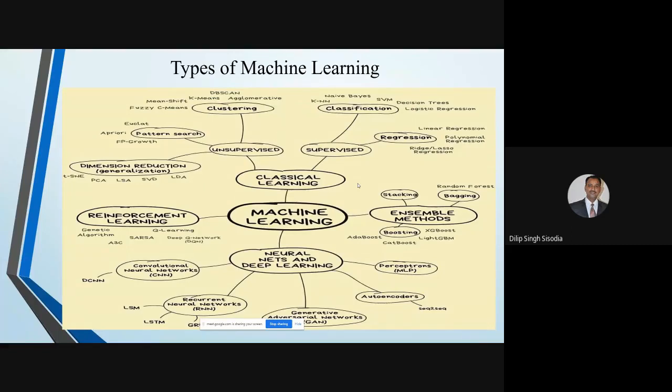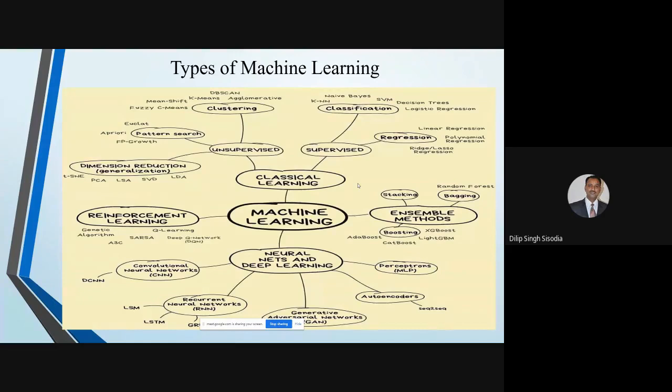Just suppose we are using a single decision tree. Rather than a single decision tree, we can use a group of decision trees. And this can be done either by using bagging, or by using stacking, or boosting. So stacking, bagging, boosting: these are the techniques of grouping individual classifiers into a group of classifiers.